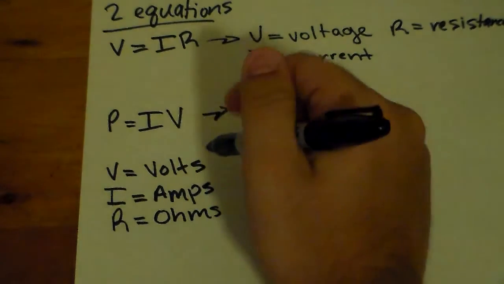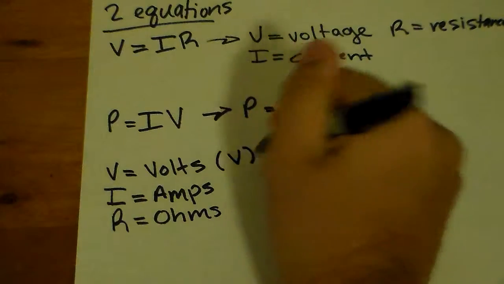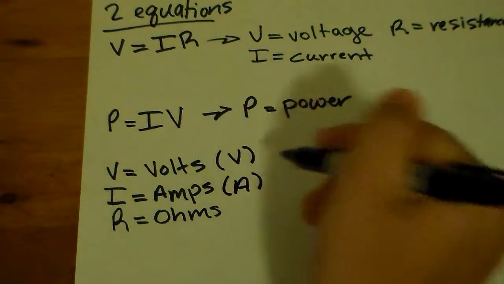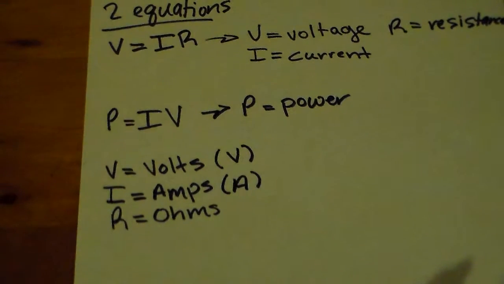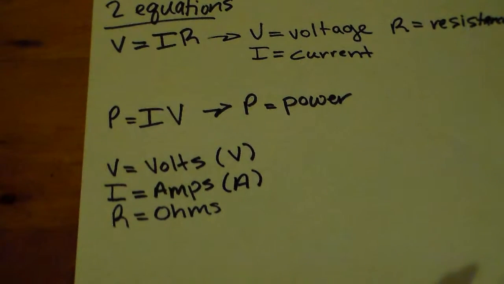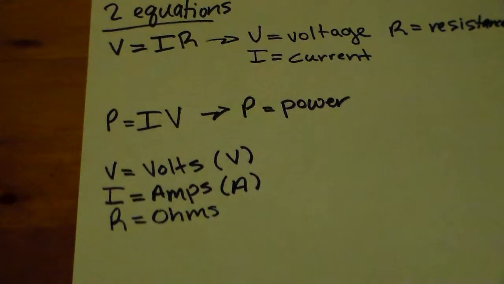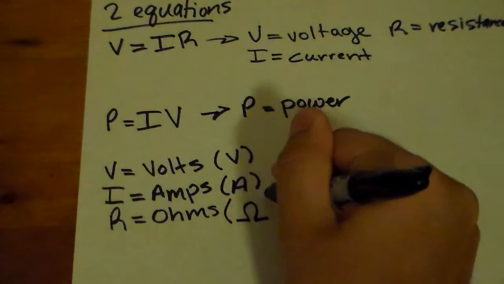The letter for volts is V. Amps is A. Ohms is something different. It's not a letter like P or Q or I or A or V. It actually comes from the Greek letter omega, which looks like this.